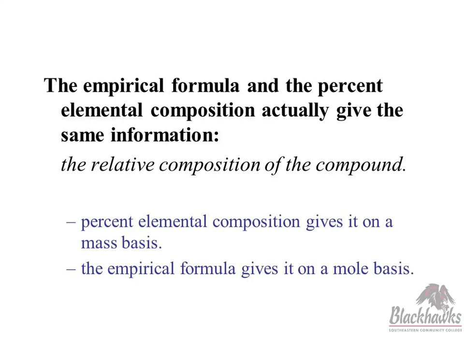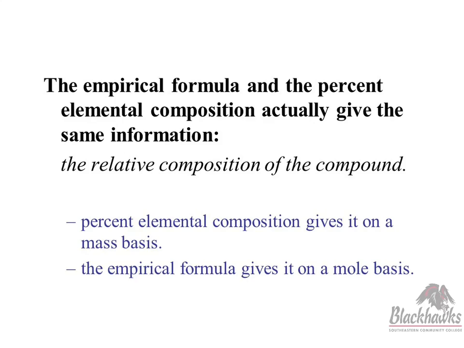Okay, so what you guys did was you came up with a weight percent of carbon, hydrogen, and oxygen in acetone. But honestly, the formula for acetone, C3H6O, also gave the relative amount. They both give relative amounts.